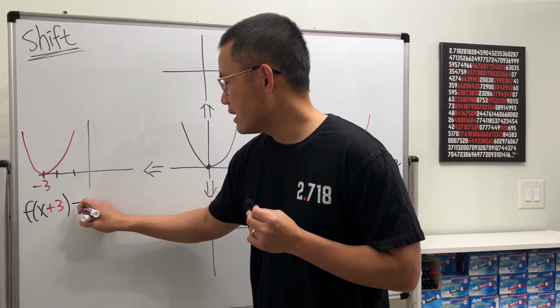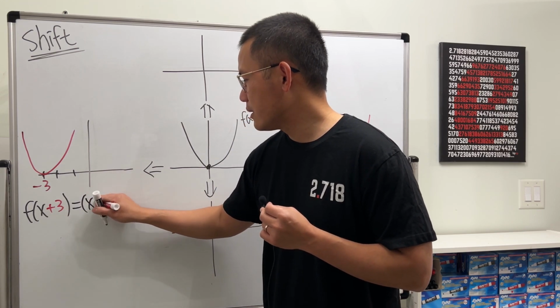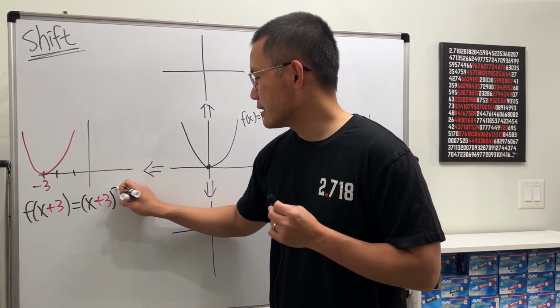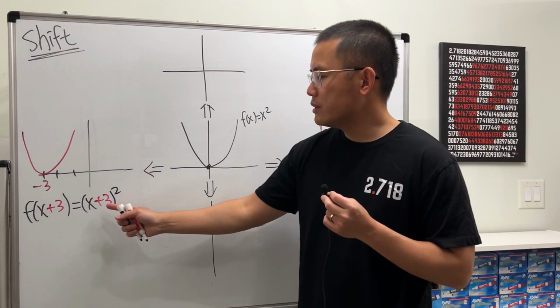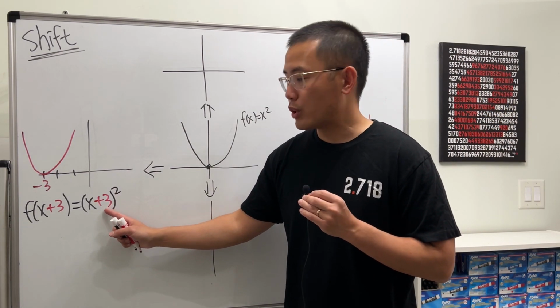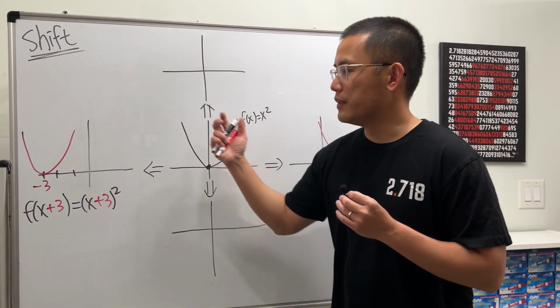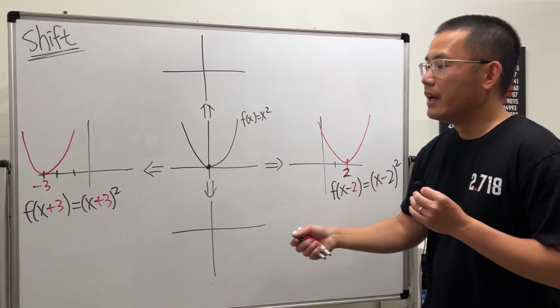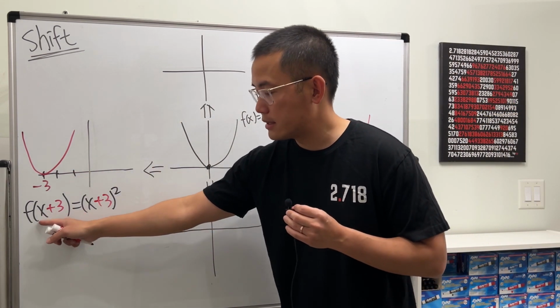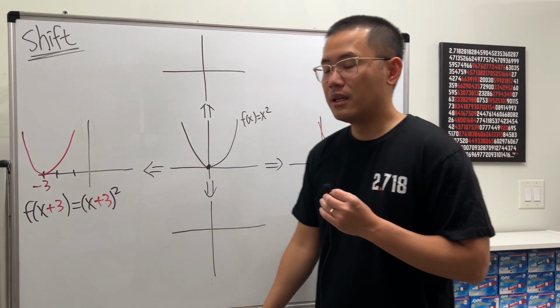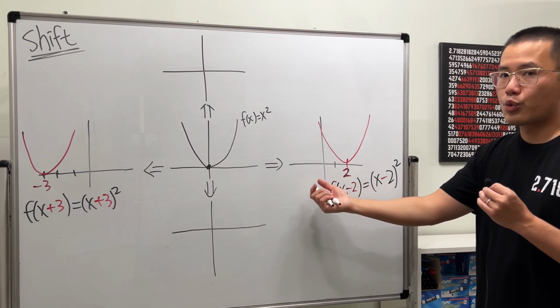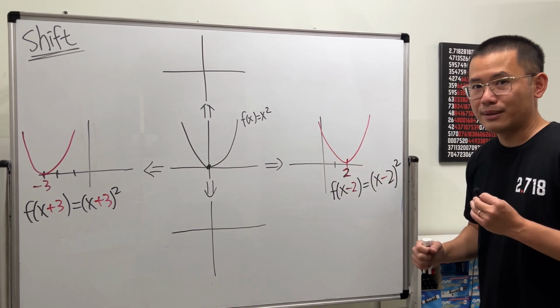And the equation for that is just x plus 3 to the second power. So remember, when you are adding or subtracting directly to the x, you have to associate it with left or right. If you're adding 3 directly to the x, you are moving the graph to the left, however many units. But if you're subtracting, you're moving the graph to the right, however many units.